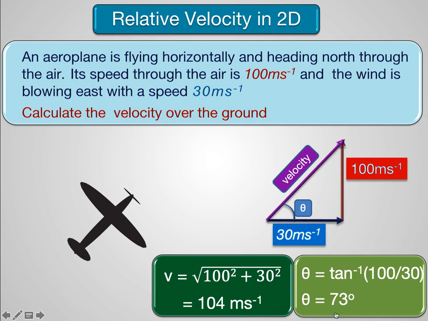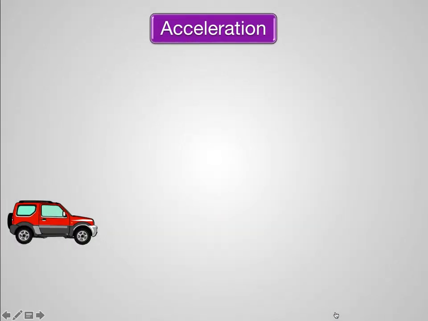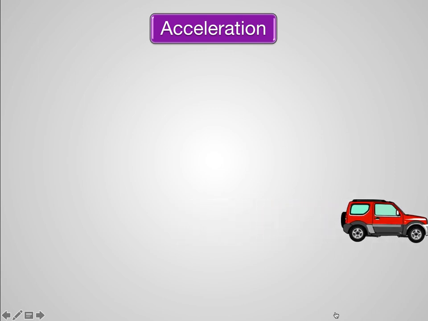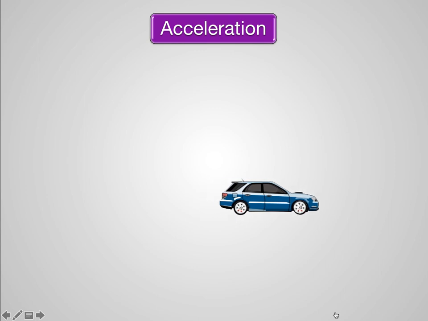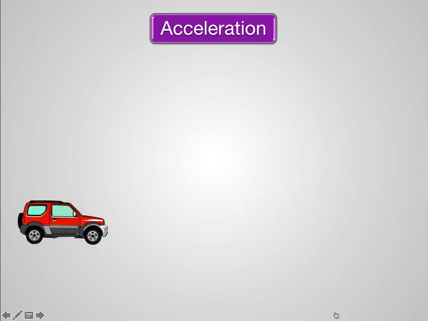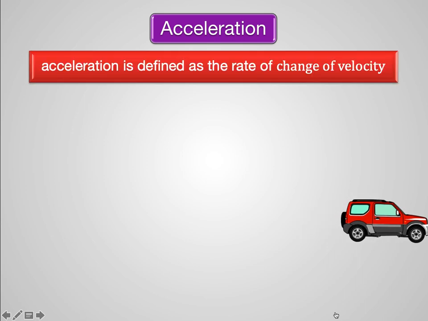The next quantity we are going to discuss is acceleration. Whenever there is a change in velocity, we call this an acceleration. Here the velocity is increasing and we call it acceleration. And if the velocity is decreasing like this, we call it a negative acceleration or a deceleration. Acceleration is defined as how fast the velocity is changing.